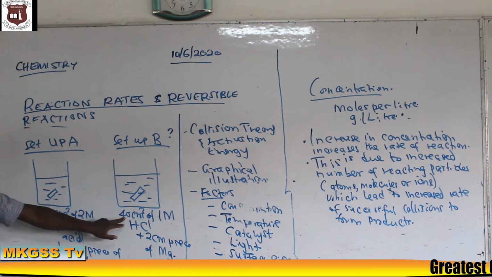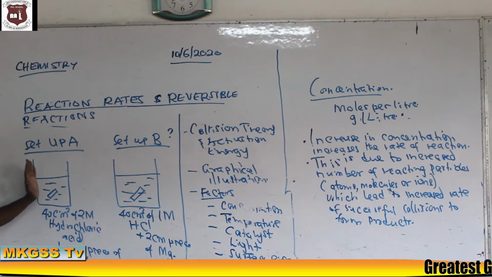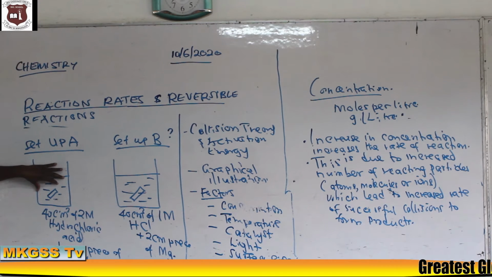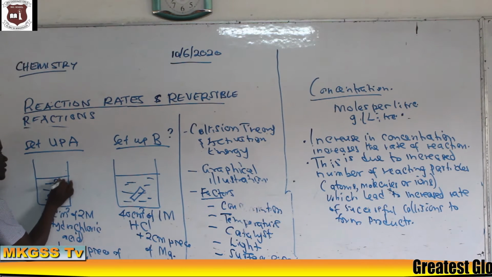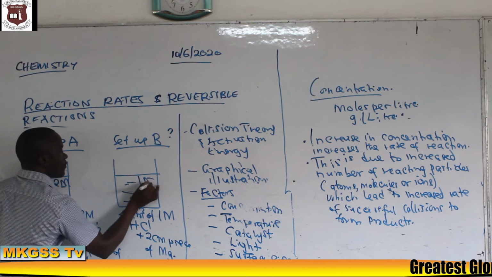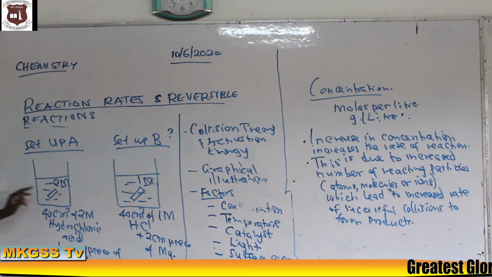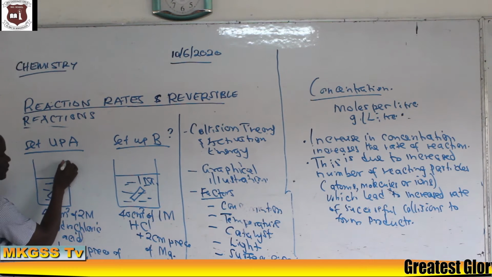But in this case, we have only measured 40 cubic centimeters. So in setup A, the concentration of hydrochloric acid is 2 molar, while here is 1 molar. So in this case, there is decrease in concentration.